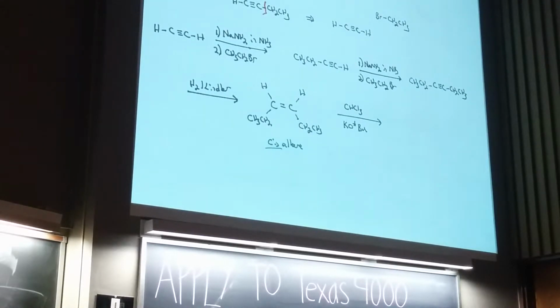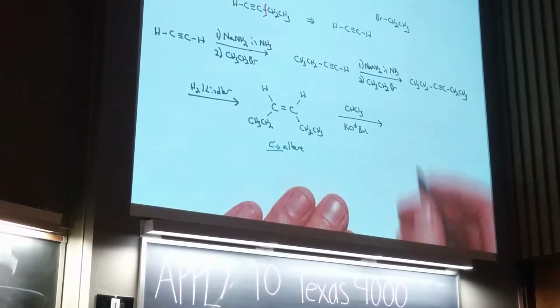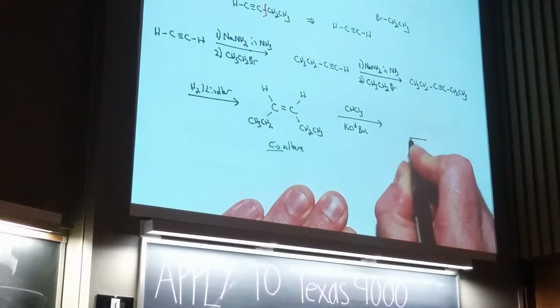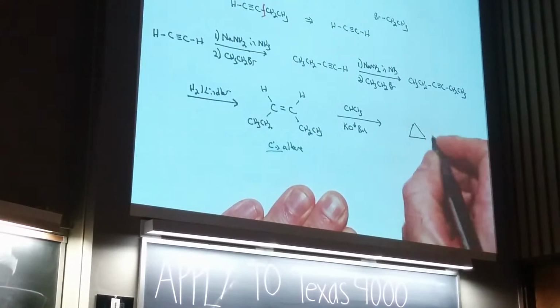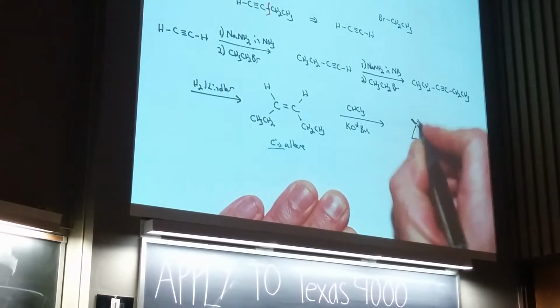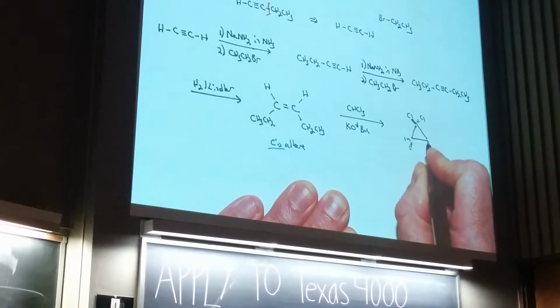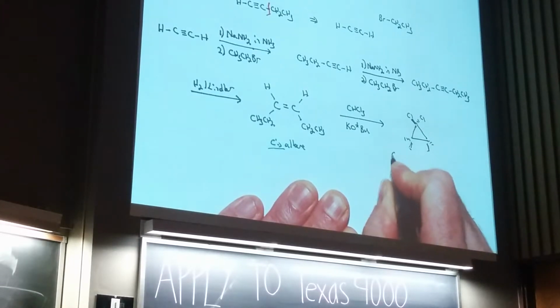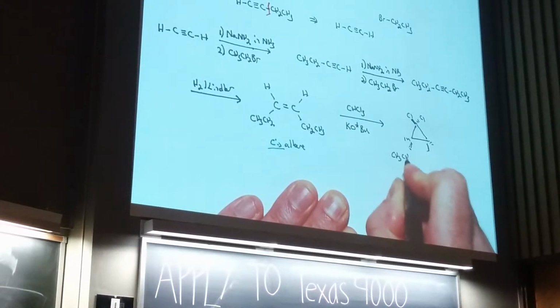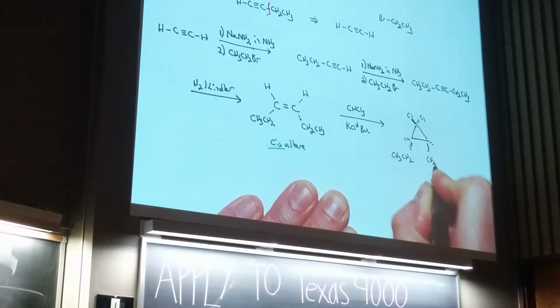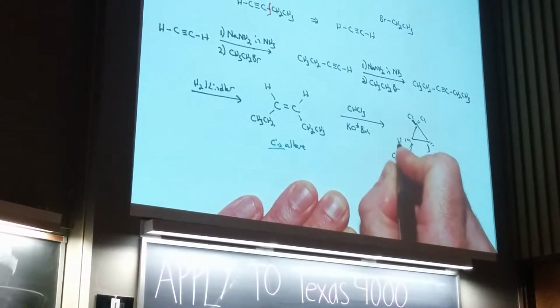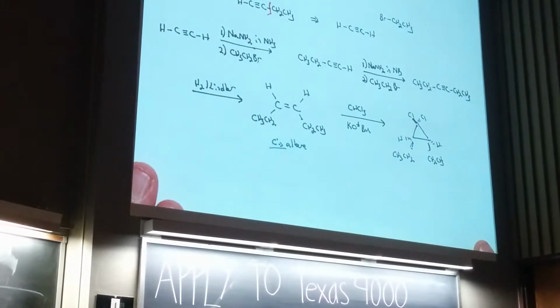That's what actually reacts with the alkene. That gives us our final cyclopropane. And that's also a stereoselective reaction that maintains that relative stereochemistry.